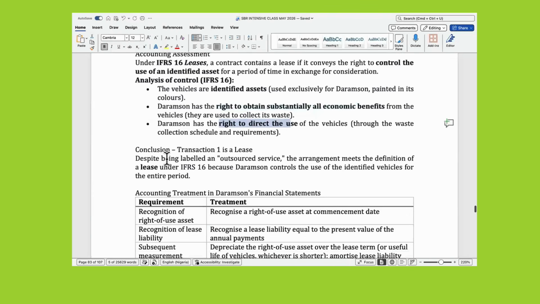So despite being labeled as an outsourced service, the arrangement meets the definition of a lease under IFRS 16 because Daramola controls the use of the identified vehicle for the entire period.